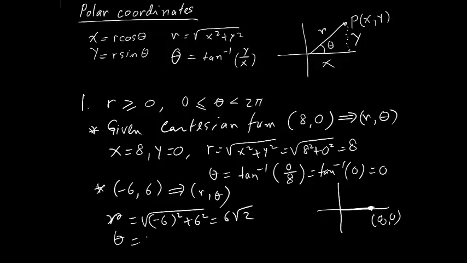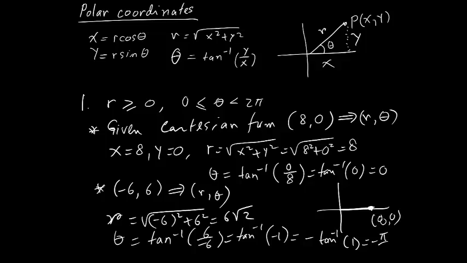And theta will be tan inverse 6 over -6. You get tan inverse -1. So usually we know tan inverse -1 is negative tan inverse 1, which is negative pi over 4.